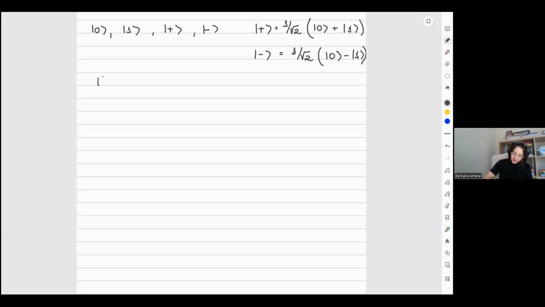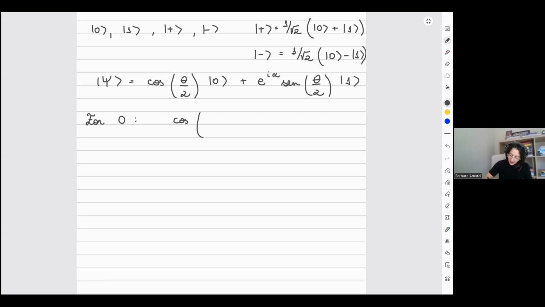So remembering that we have psi equal to cosine of theta over 2, 0, plus e to the i phi, sine of theta over 2, 1. So for 0, we need cosine of theta over 2 to be equal to 1, and the sine of theta over 2 to be equal to 0.